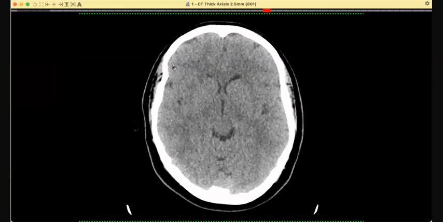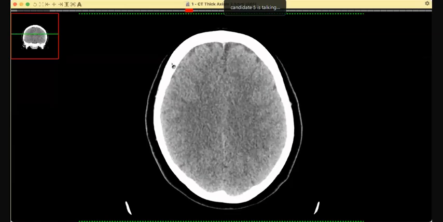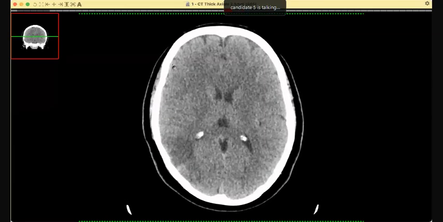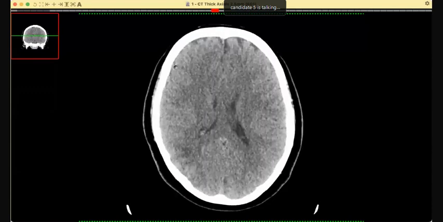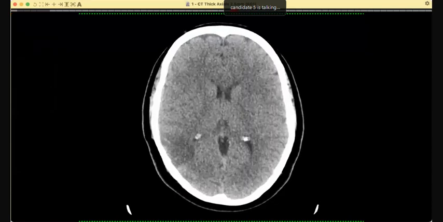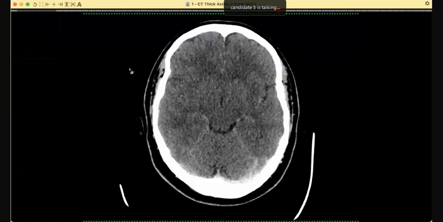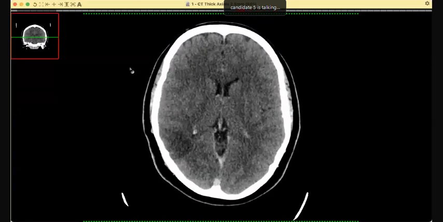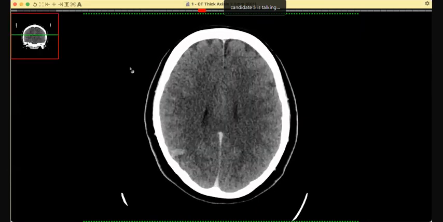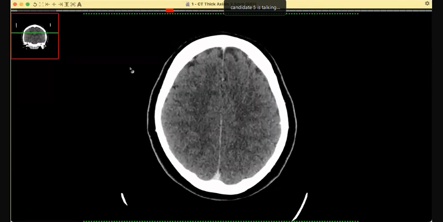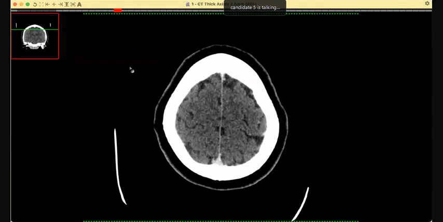So what is your suspicion here? Primarily on first look at the plain sections, I believe it's more like edema, because there's some hyperdensity in the central portion in certain sections. So it looks like edema only on first look. Yeah, so these are the contrast images.